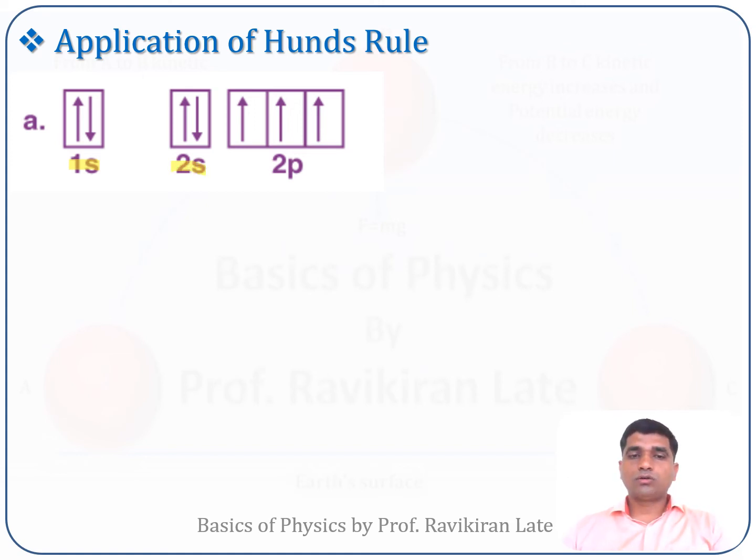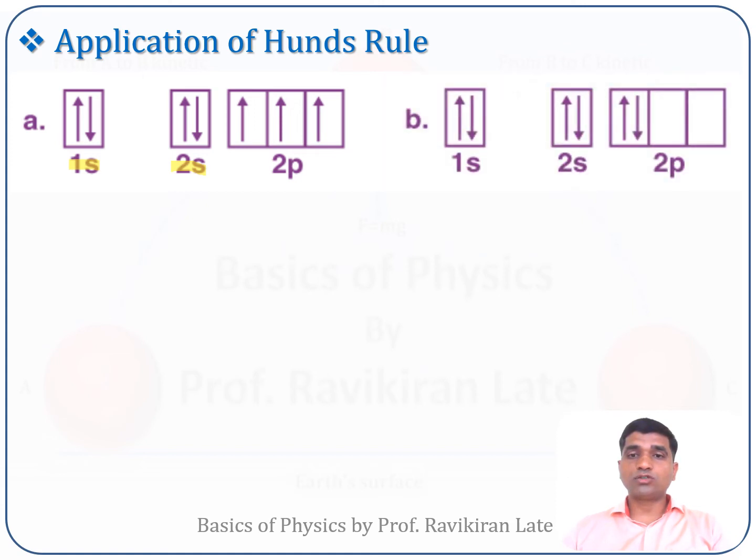The next 2 electrons will go to the 2s state, one with up spin and the next with down spin. Now in order to have maximum spin, in the 2p orbital, the first, second and third electrons will try to stay away from each other and they will have the same spin orientation.